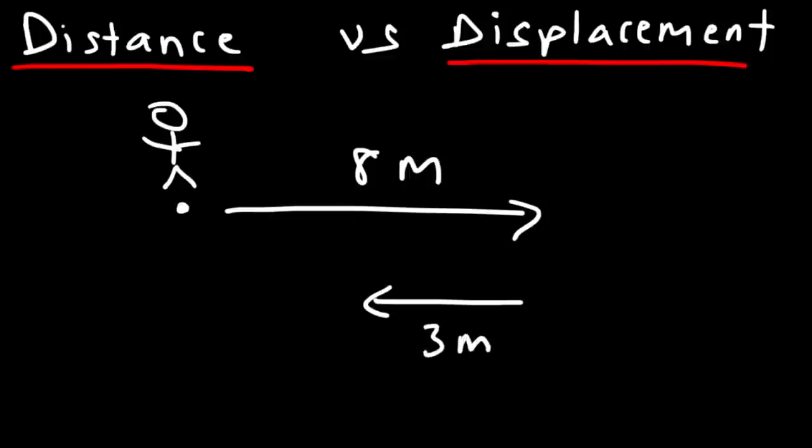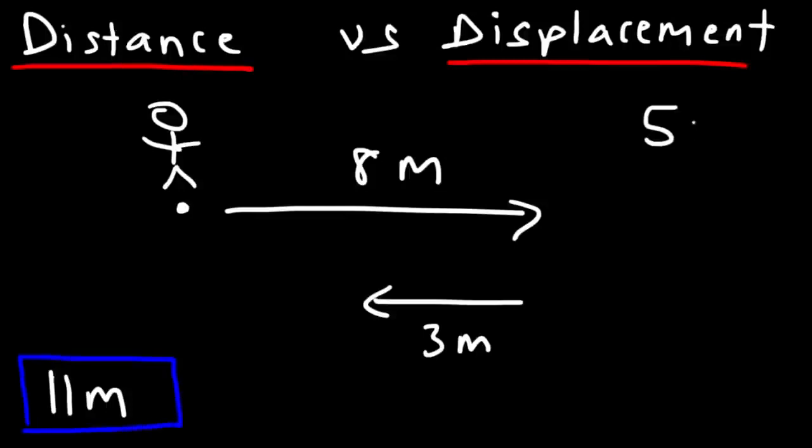The total distance that John travels is 8 plus 3, or 11 meters. However, his displacement is not 11, but rather his displacement is 5 meters. Displacement is the difference between the final position and the initial position.